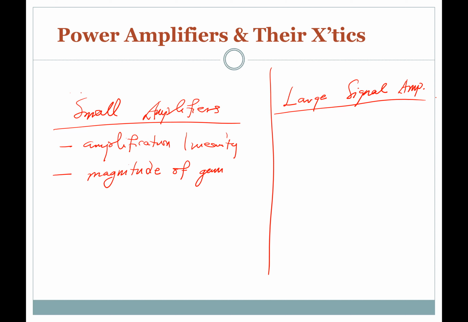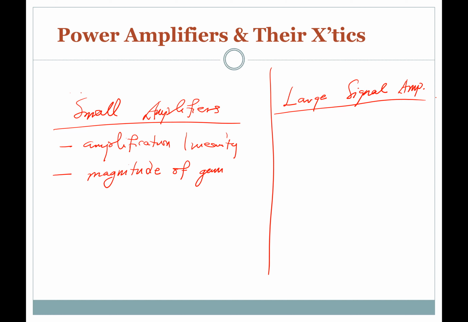Now, large signal power amplifiers, on the other hand, primarily provide sufficient power to an output load to drive, for instance, a motor or other power devices, typically several watts to hundreds of watts.